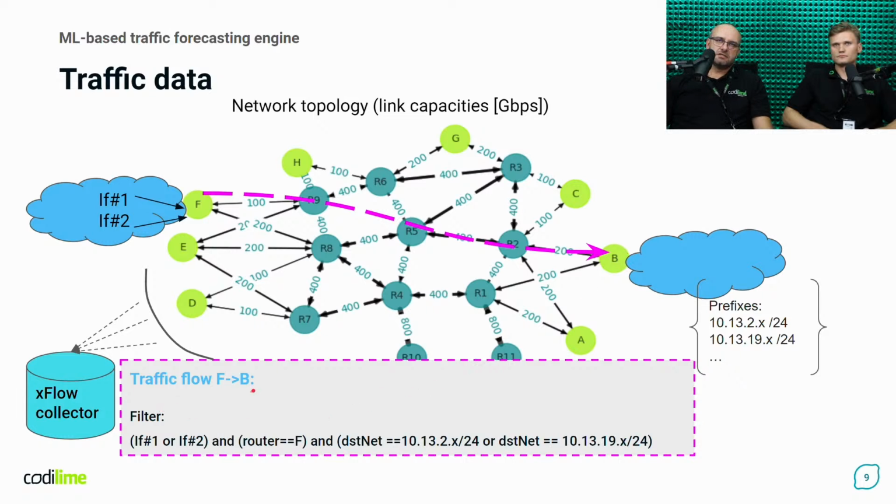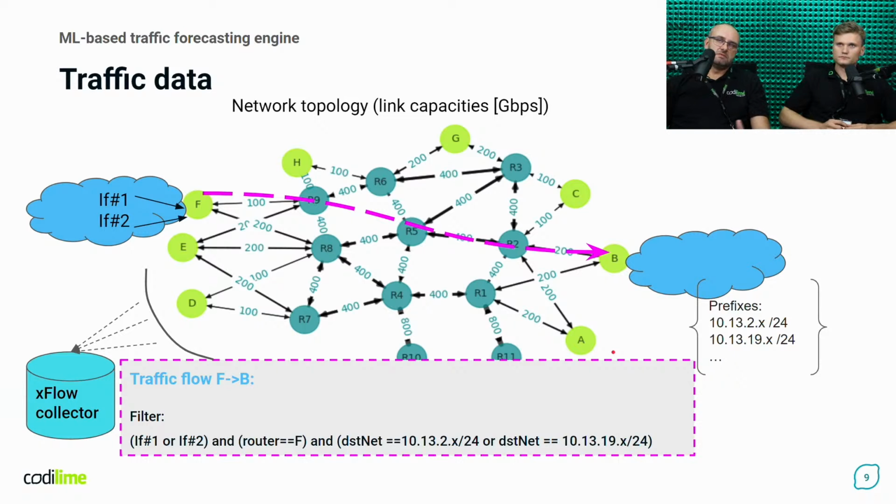In order to get such statistics about the bit rate, usually in such tools we can define a filter saying that we are interested in the traffic that is incoming to router F through down interfaces 1 and 2, and destined to the network addresses that are exposed by edge router B. How we model end-to-end traffic flows strongly depends on how we are routing the traffic flows in our network.